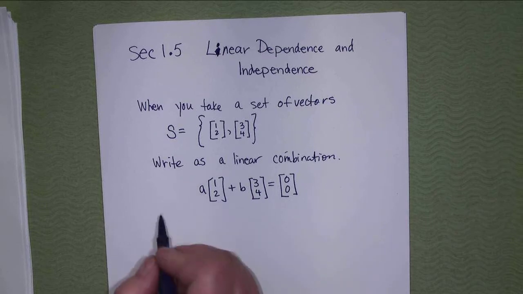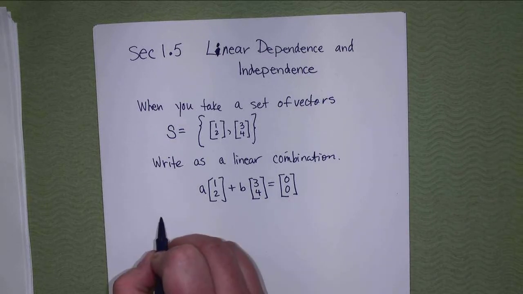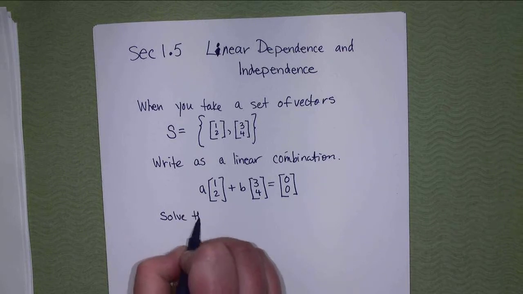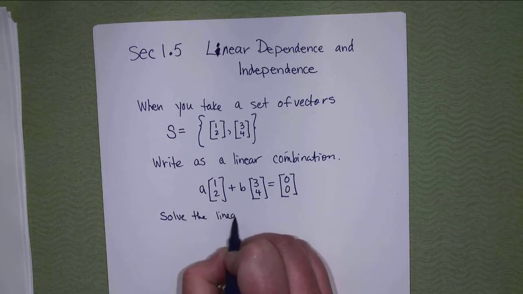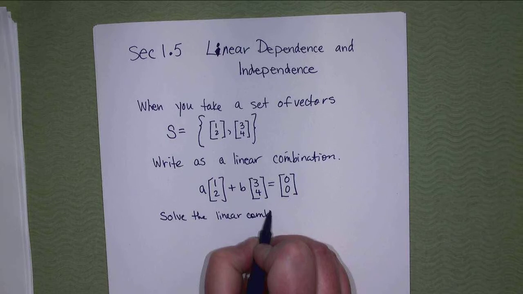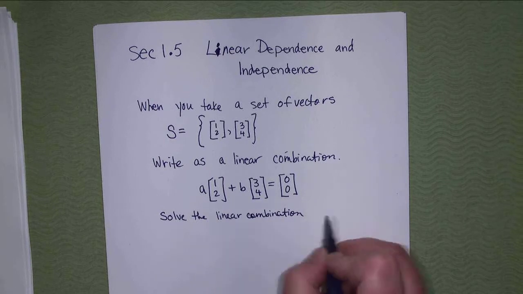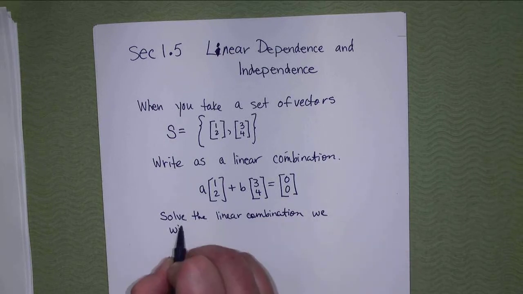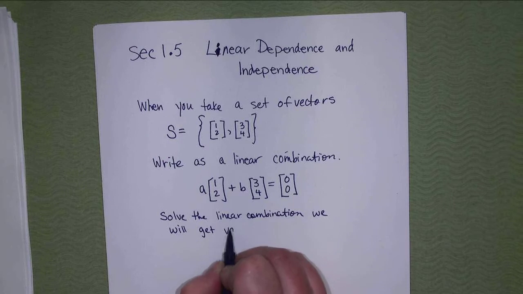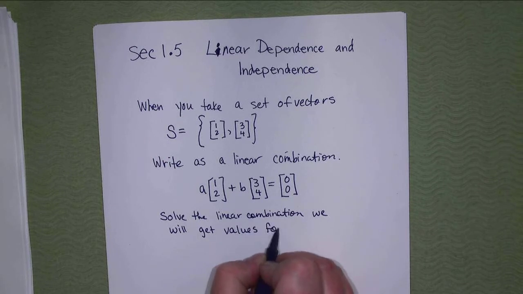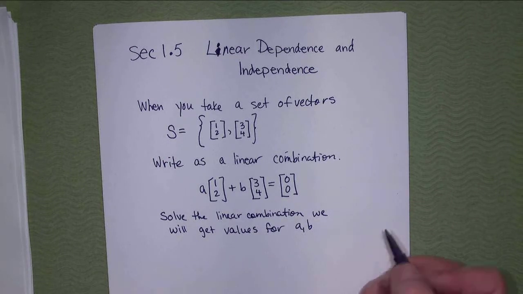All right, so when we solve this linear combination, we'll get values for A and B.